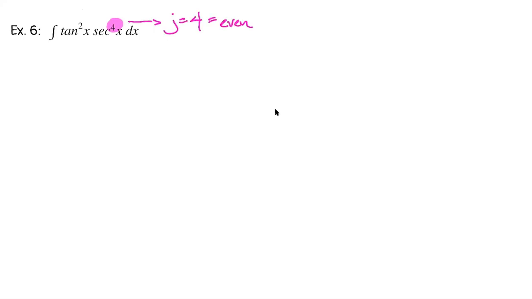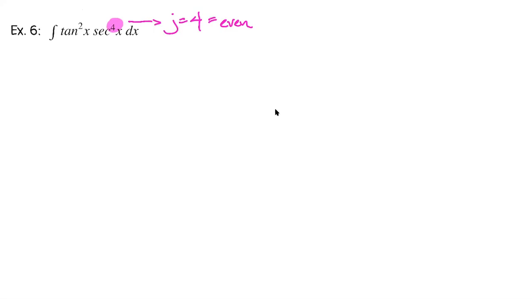But there is a rule where the power for secant is even, and lucky for us, in this case the secant power is even. So our j is 4, which is even.